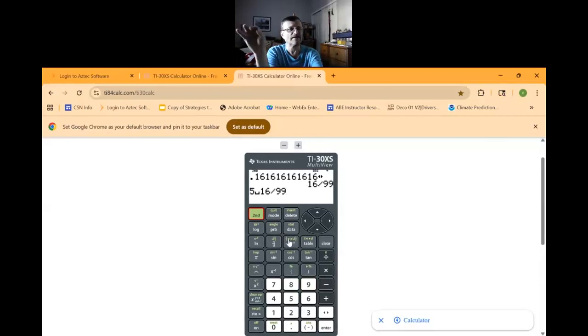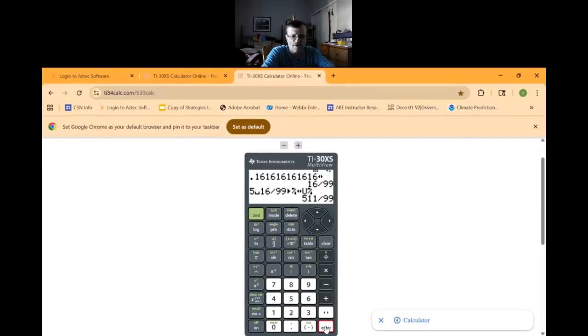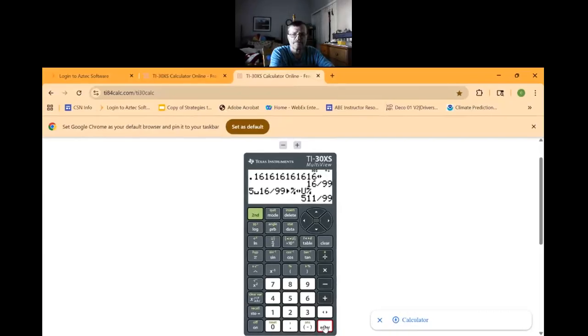If you look above, whenever you press the second key, you activate the lime green functions of the calculator. 511 over 99. Is that what we got earlier? So this is how you toggle on a calculator. There's a lot to learn on a calculator that we do in our classes, and hopefully this will help us out here.